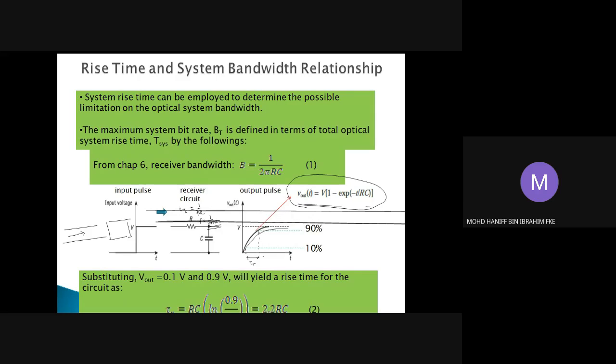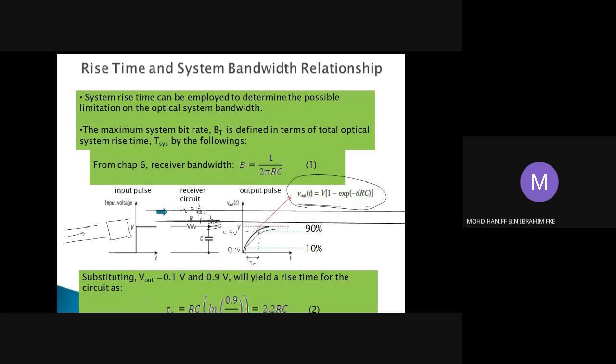In order for us to calculate this tau r, we have to substitute the value of V out in this equation to be equal to 0.1 V and 0.9 V. So that we have two equations, since your full voltage is V, and these are 10% and 90%.